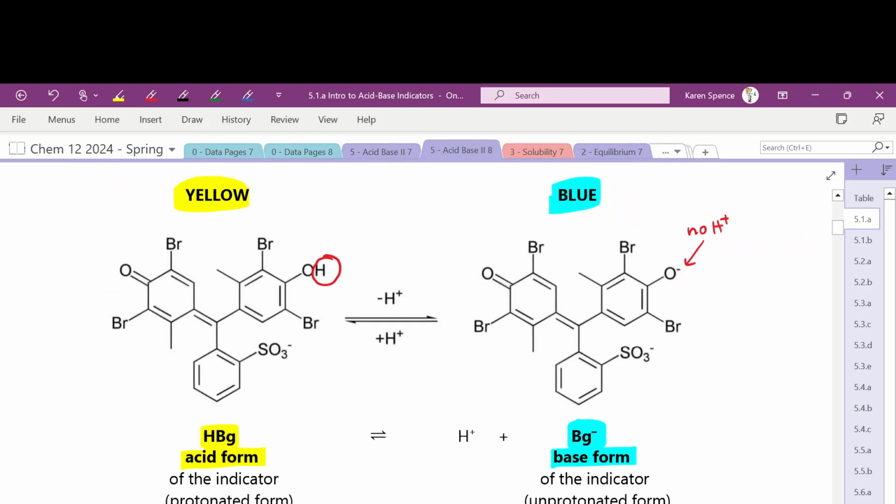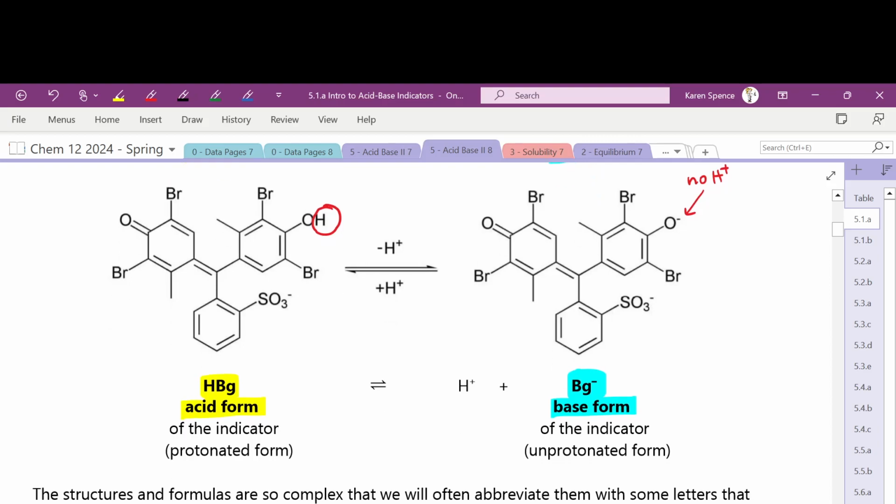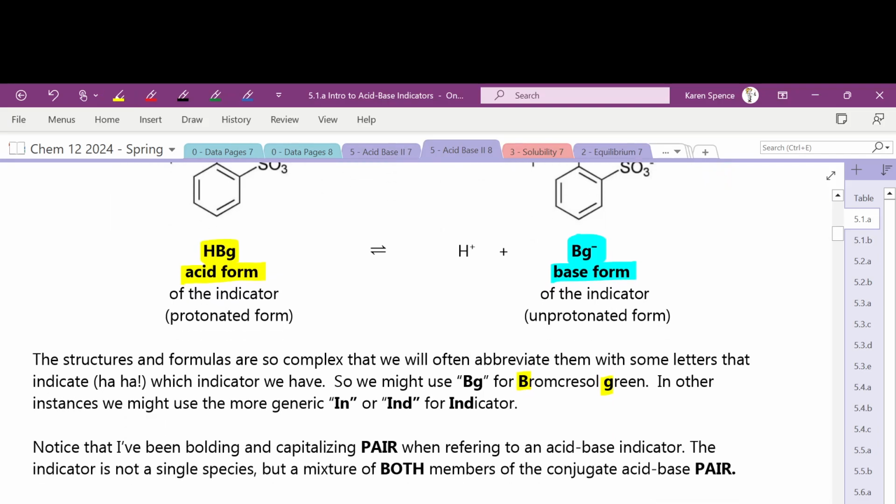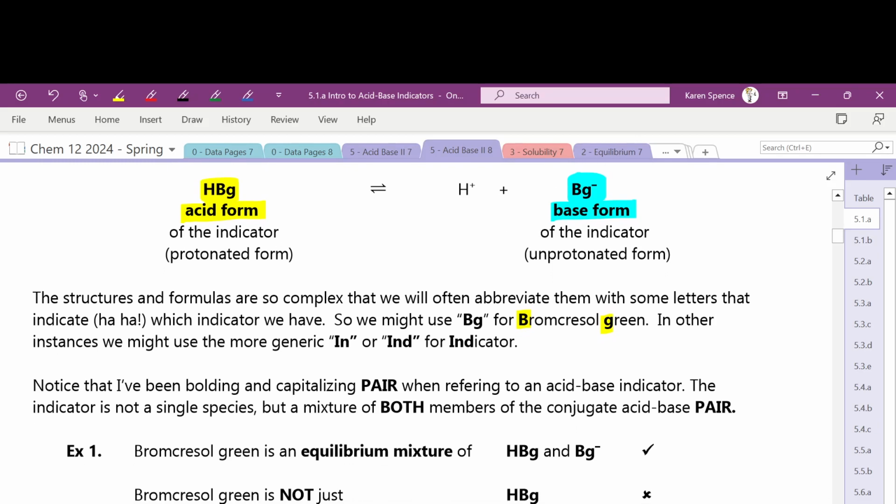And this is just explaining that we might pick a specific way to reference it. So since this is brom-cresol green, we called it HBG. But if you don't want to go that far, you can just call it HIn for indicator. Okay. So this is again stressing that the indicator is not a single species.